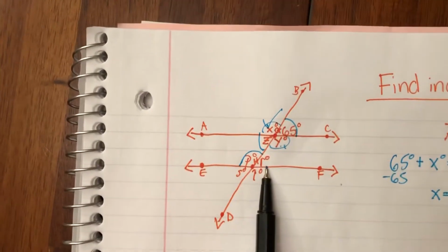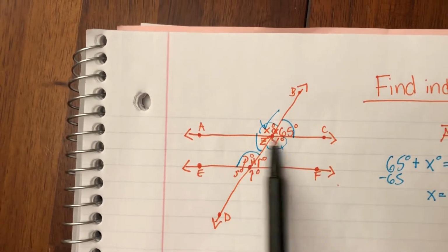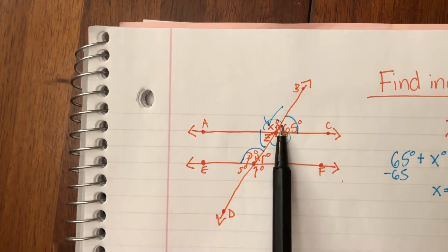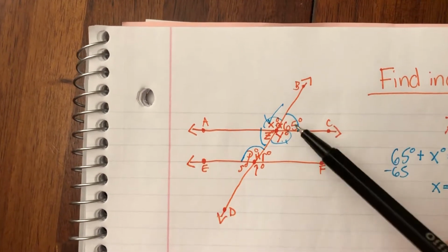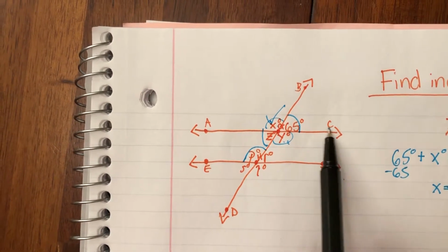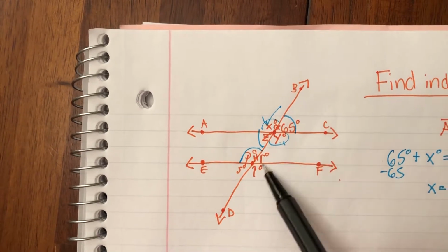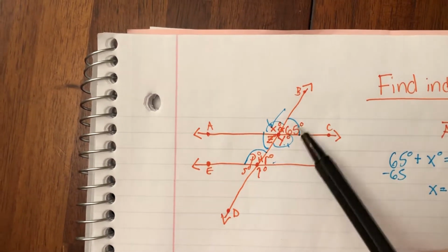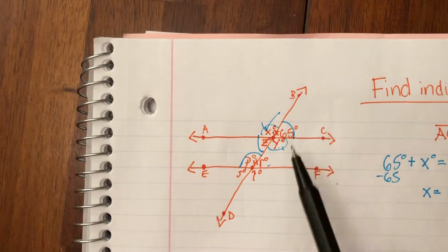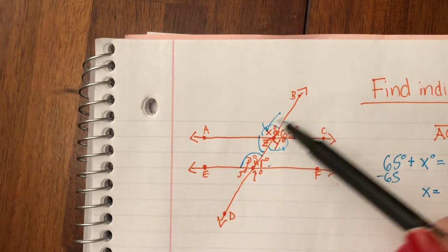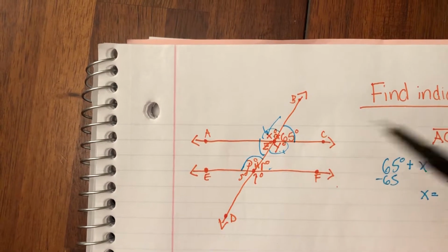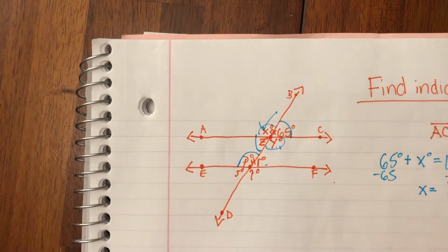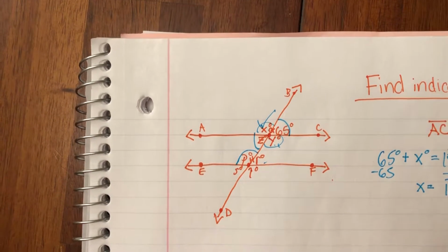So R, we're going to also use the corresponding angles for R. Oops, guys, I made a mistake. P is not 65 degrees.